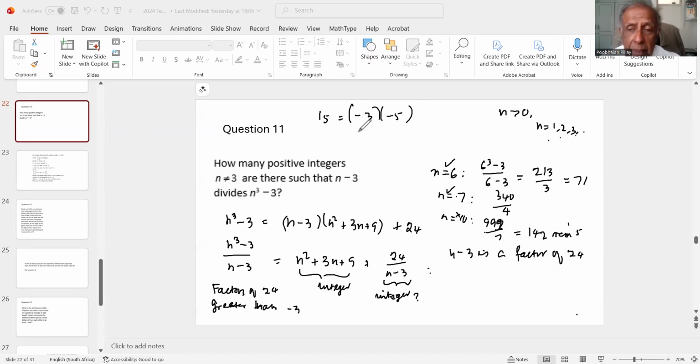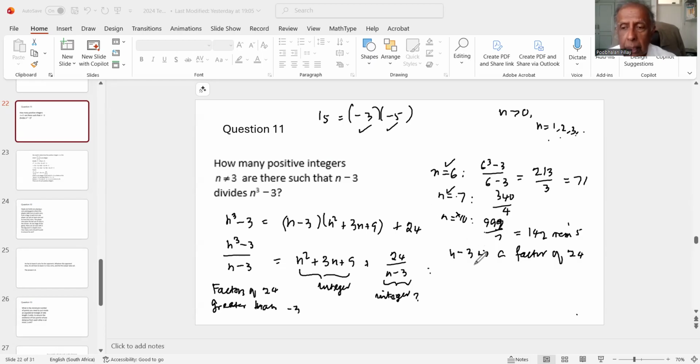And these are integers. So negative 3 is a factor, negative 5 is also a factor. But if you're asking for positive integers, then this is not allowed. We've already decided that for that to be positive, n minus 3 is greater than negative 3.